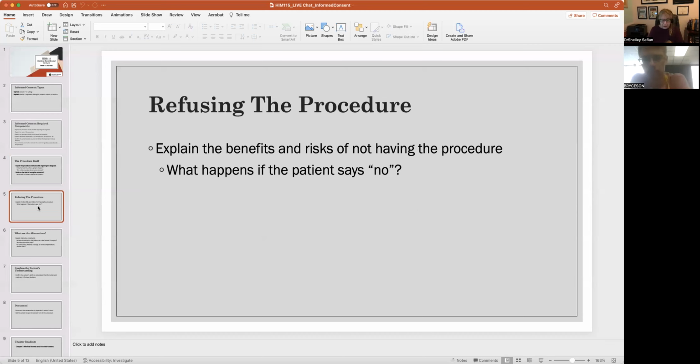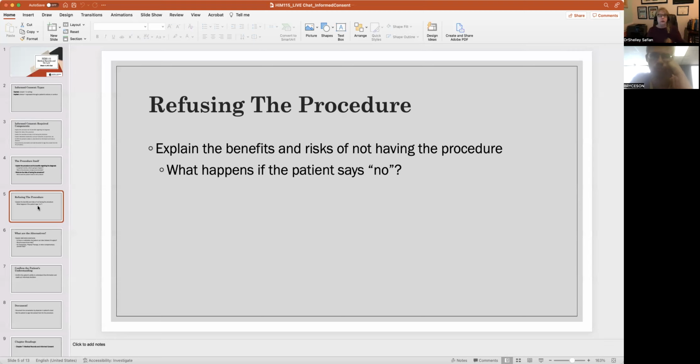The patient needs to be made aware of the pros and the cons, the benefits and the risk of saying no, because this is their right. This is their U.S. constitutional right to say no. But they also need to understand the risks of saying no and the benefits. Okay, there might be benefits.